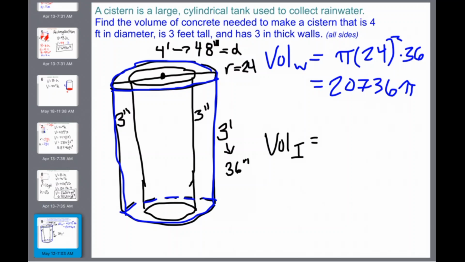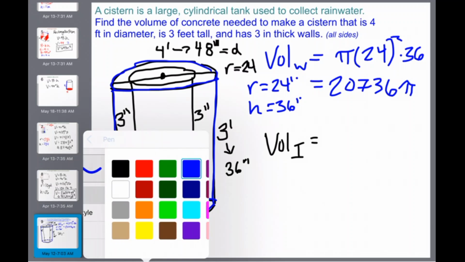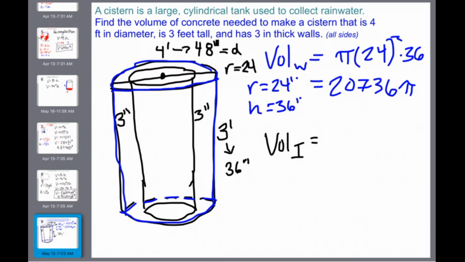We're going to keep it as pi for now, because we don't want to approximate until the very end. So again, the blue one had a radius of 24 inches and a height of 36 inches. All right, now we're going to look at the volume on the inside.